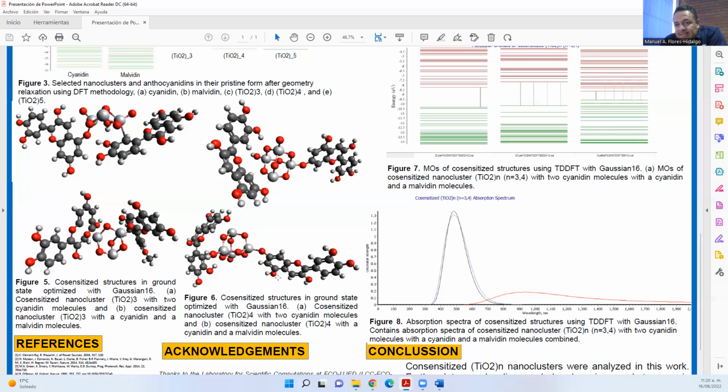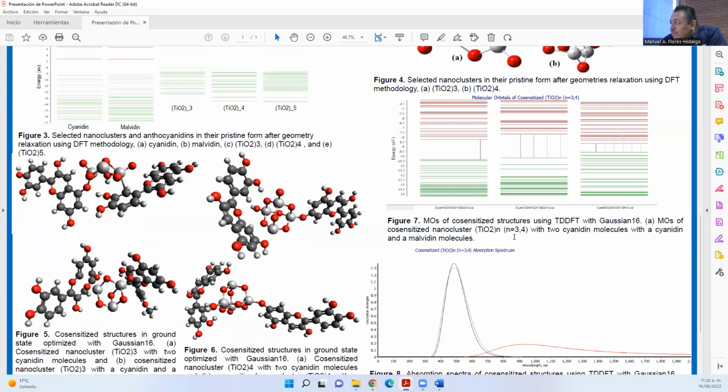So we have a co-sensitized system. What we did is compare the differences between a system which has 2 cyanidins and one that has a combination of 2 different dyes.